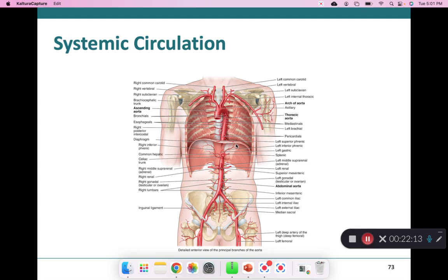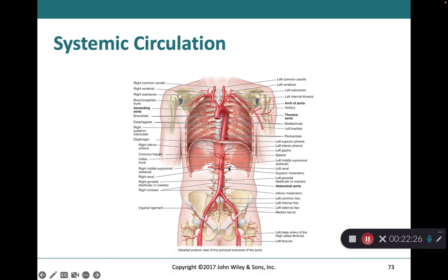So phrenic means the diaphragm. Okay. Once we get into the abdominal aorta here, we have the inferior phrenic, which also feeds the diaphragm, right? Phrenic, diaphragm.